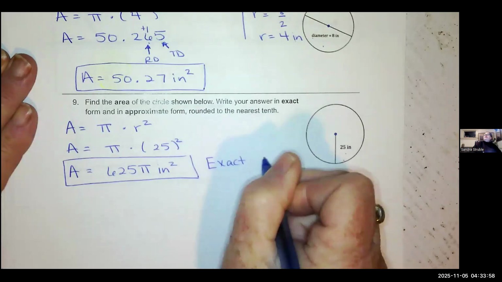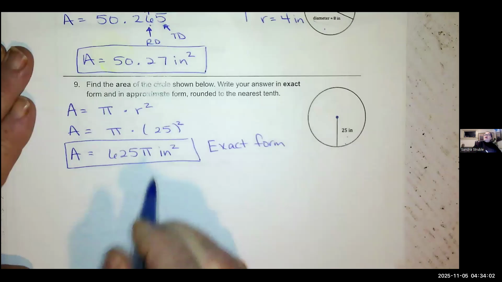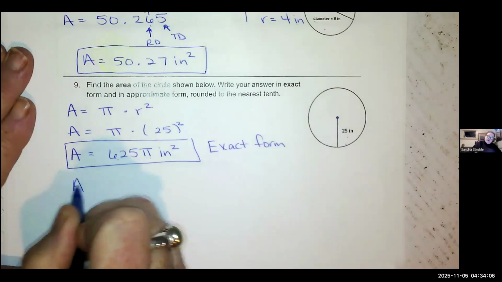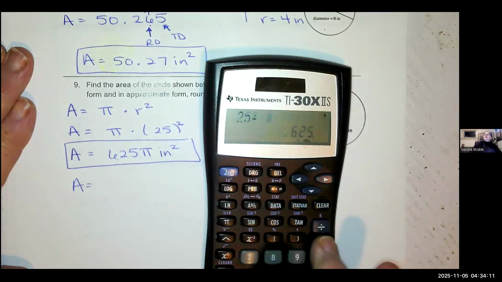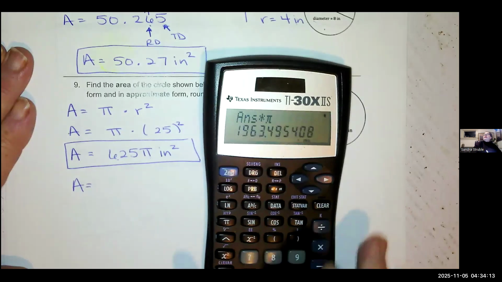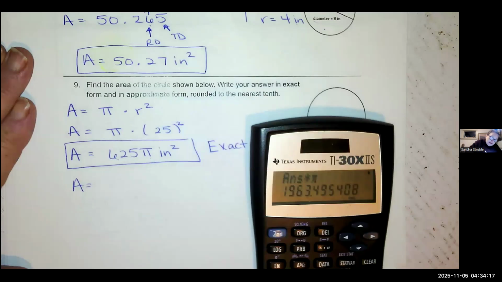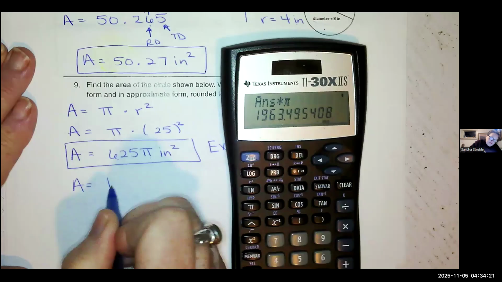Okay. For the approximate form, we just need to multiply that 625 times pi. 625 is in my calculator, times pi equals, and we do want to round to the nearest tenth, which is 1 decimal place. So 1963.49.